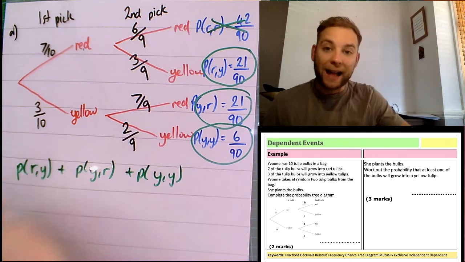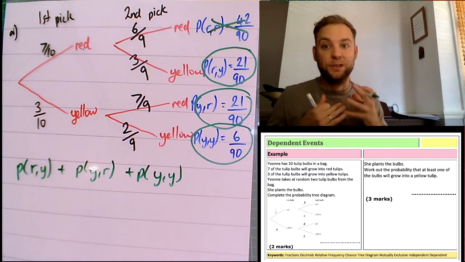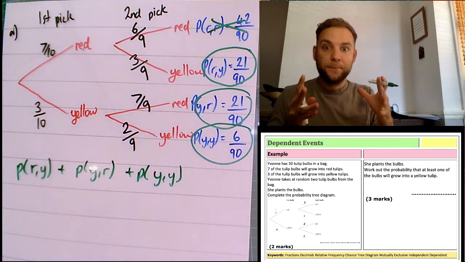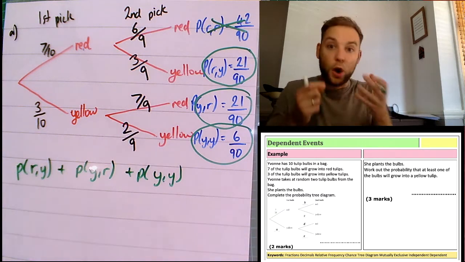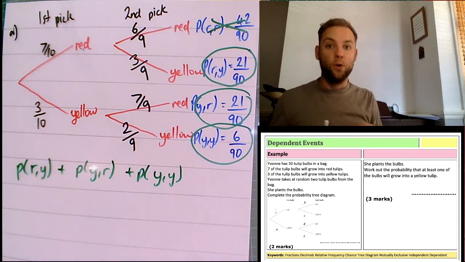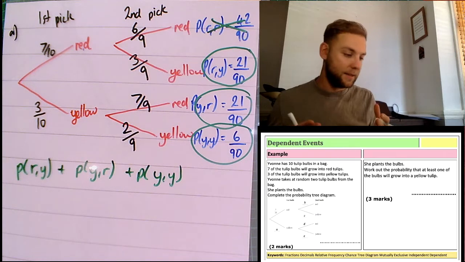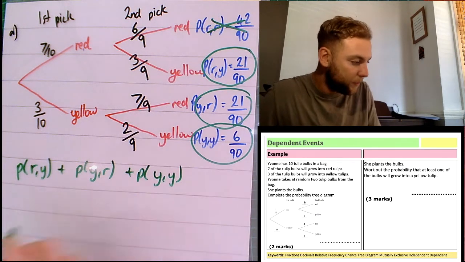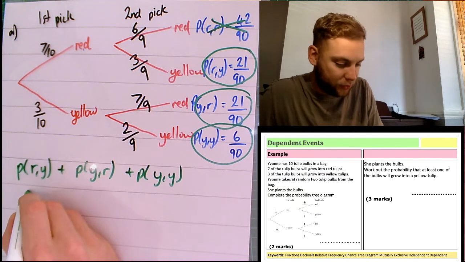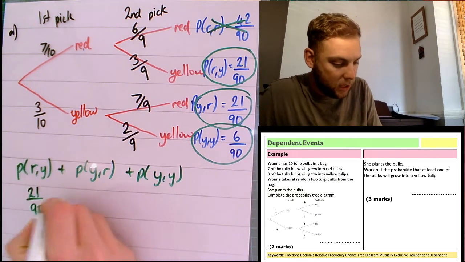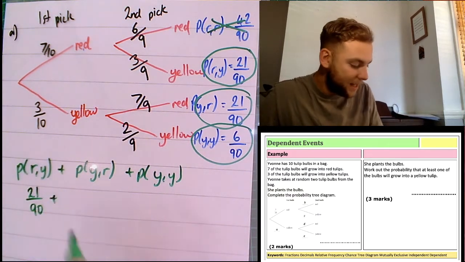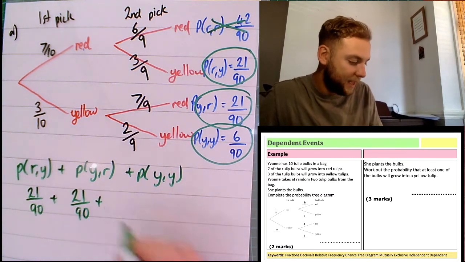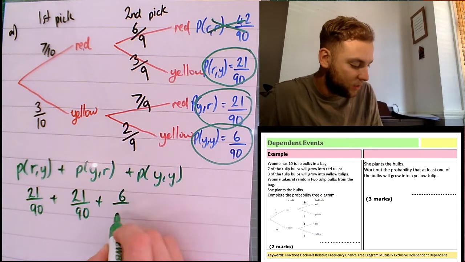Now, the reason that we're adding these together is because they are mutually exclusive events. So that means that you can't get a red and yellow and then a yellow and red from here. You can only either get red and yellow, or you can get yellow and red, okay? So we can add these together. So the probability of getting red and then yellow is equal to 21 over 90, plus the probability of getting yellow and red is equal to 21 over 90, plus the probability of getting yellow and yellow, which is equal to 6 over 90.